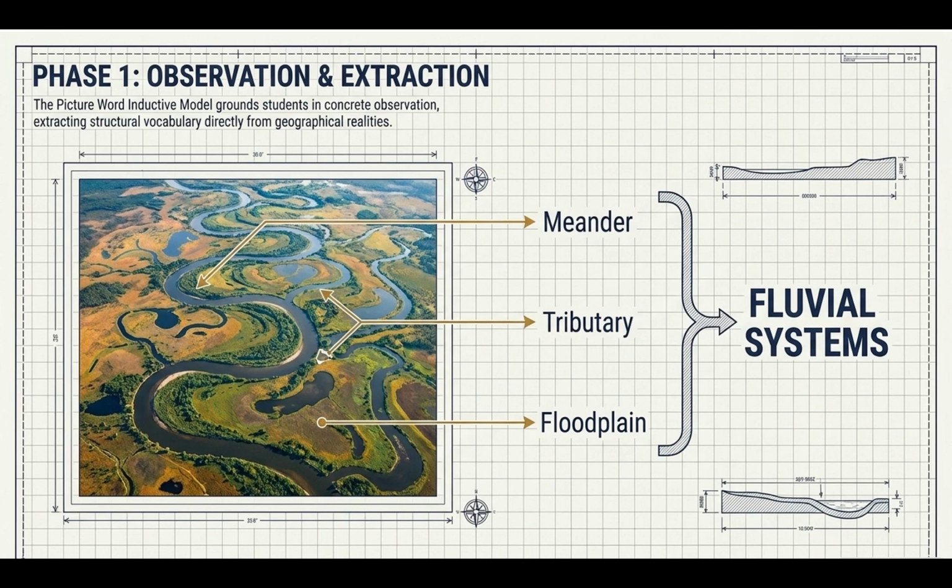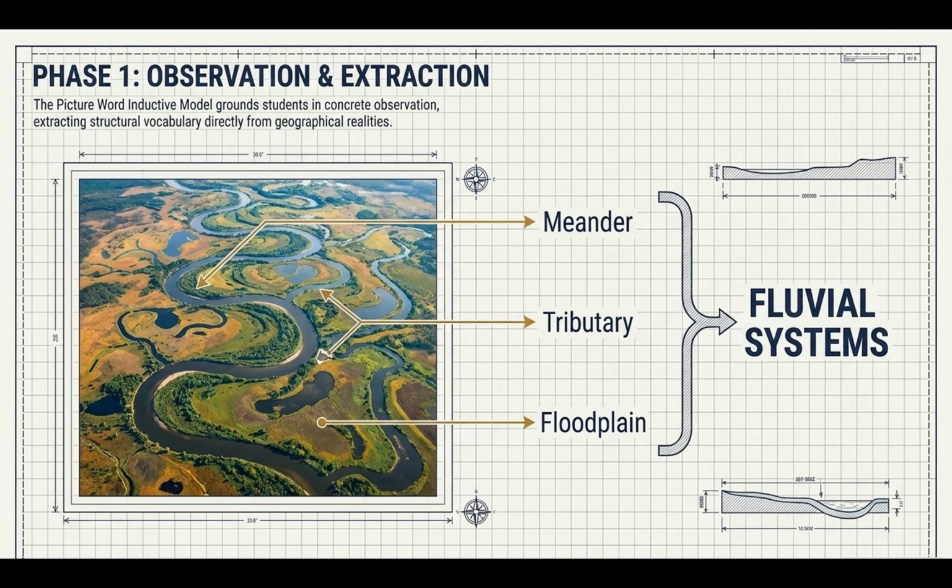In the example on the slide, students observe a river landscape. From the image, they identify terms such as meander, tributary, and floodplain. These terms are then connected to the broader concepts of fluvial system.